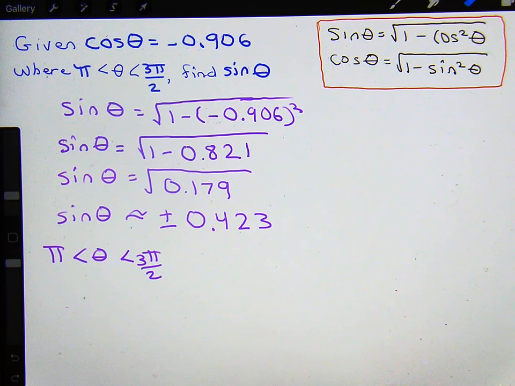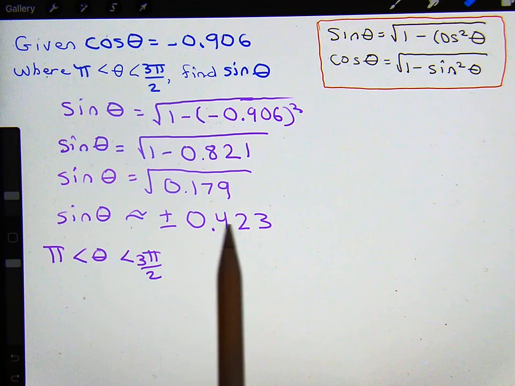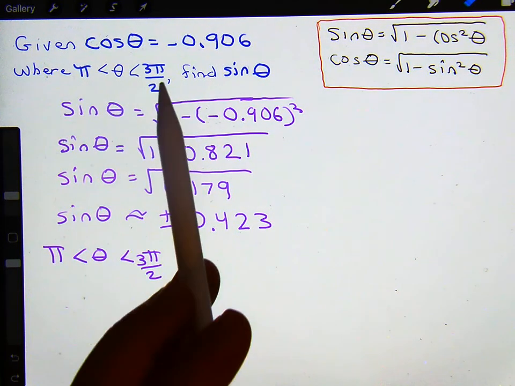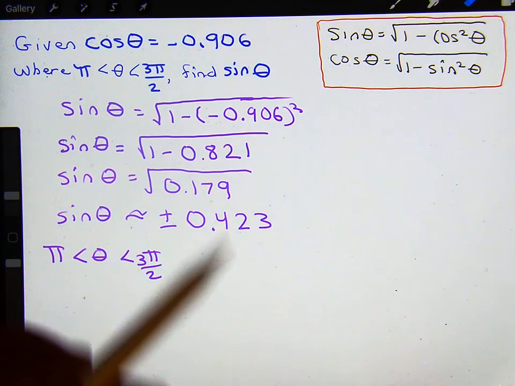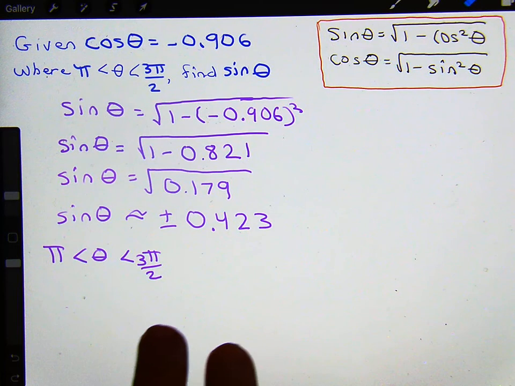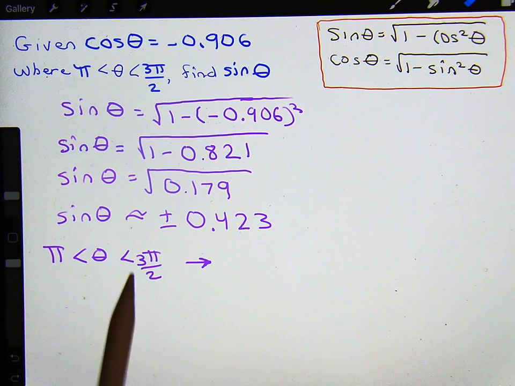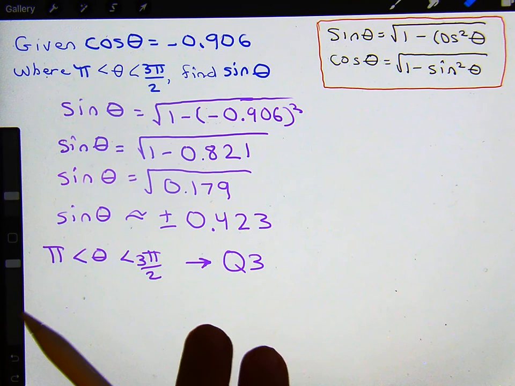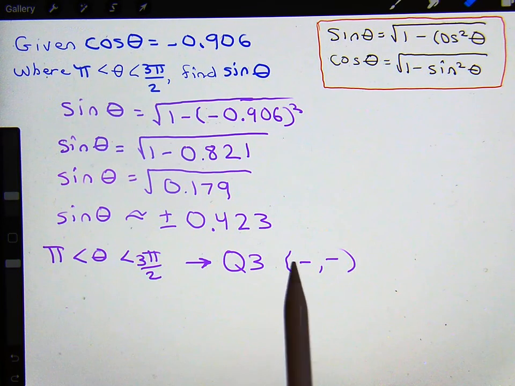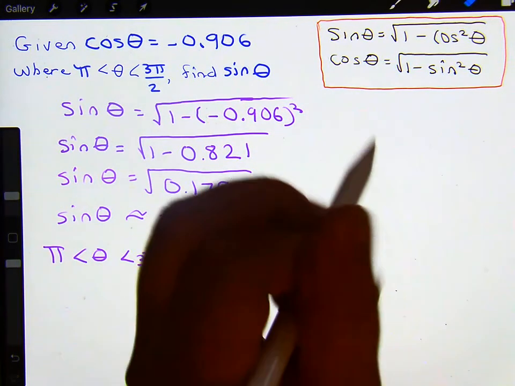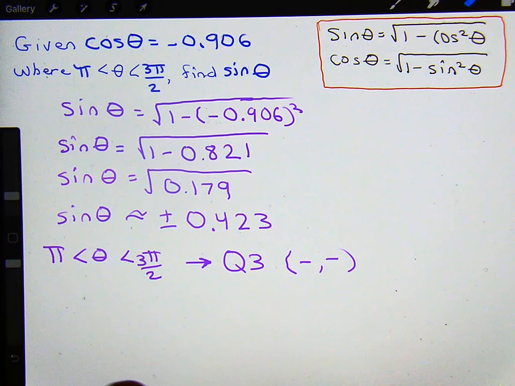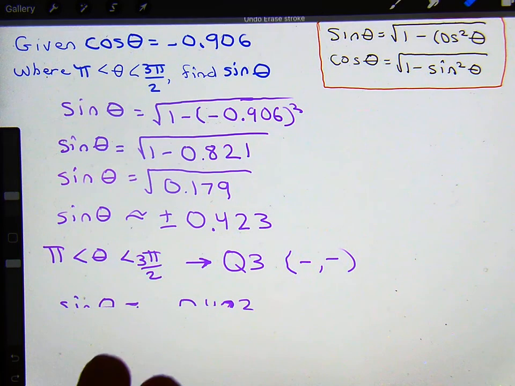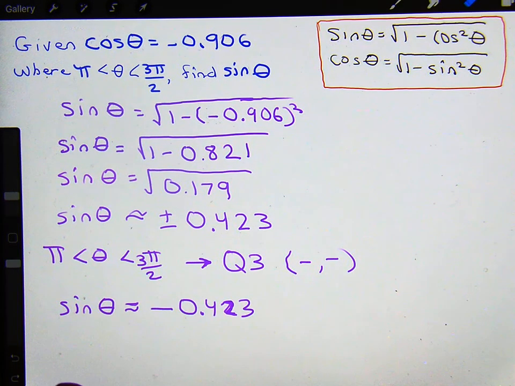So we know that cosine is negative, so that gives me 2 options. But from pi to 3 pi over 2 is quadrant 3. Quadrant 3 is a negative and negative quadrant. And so that means that sine is going to be negative.